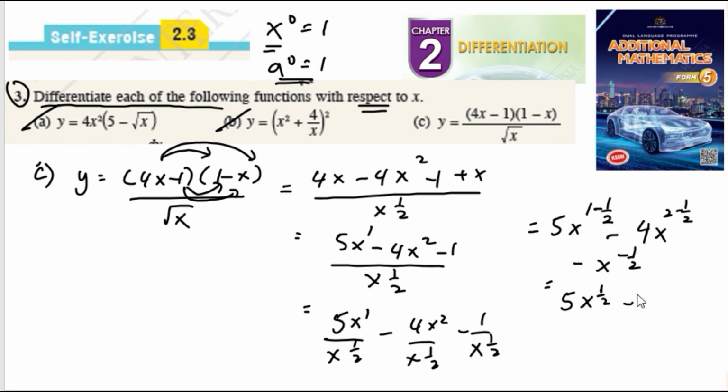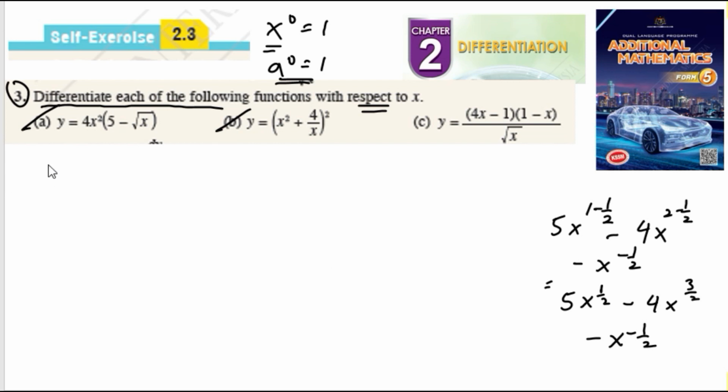Then minus 4x, 2 minus half, you get 3 over 2. And then minus x to the power of negative half. So here y is equal to 5x to the half, minus 4x to the 3 over 2, minus x to the power of negative half.